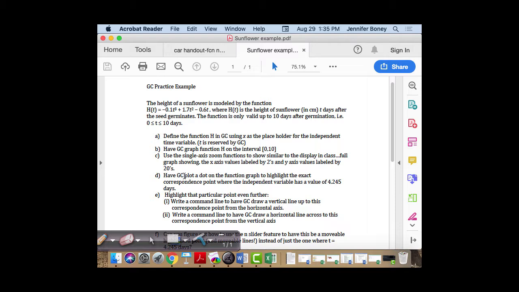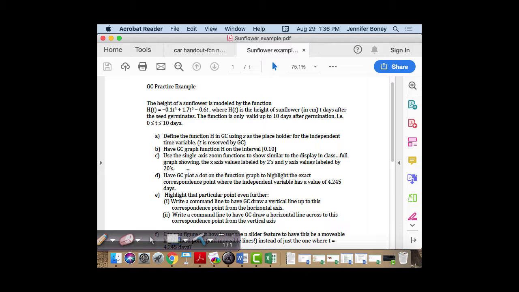So we're going to play around with this and look at a couple of aspects of this graph, but mainly I just wanted to talk about the keystrokes and menu items that will allow you to do some fairly common graphing items in GC. You might have talked about this a bit in recitation, maybe you didn't, depending on how fast you went through some of your other details in class.